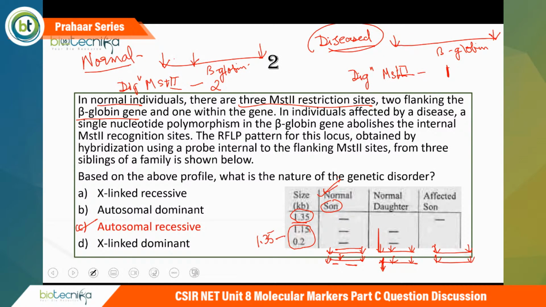So that's why the son is having only one band of 1.35 kb. And this son is affected because the diseased allele was recessive, and now it is present in homozygous condition, so it will show the disease phenotype.